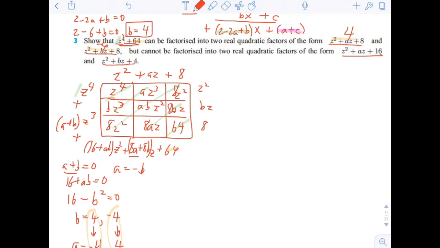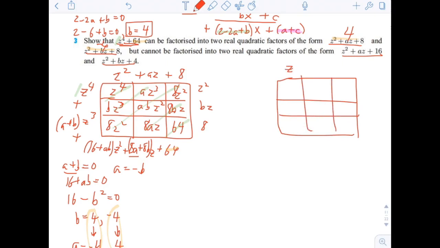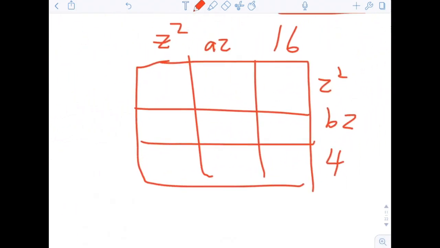So let's try that one. So let's make a grid again. And so one of them is z squared plus az plus 16, and the other one is z squared plus bz plus 4. And then we'll multiply these out.